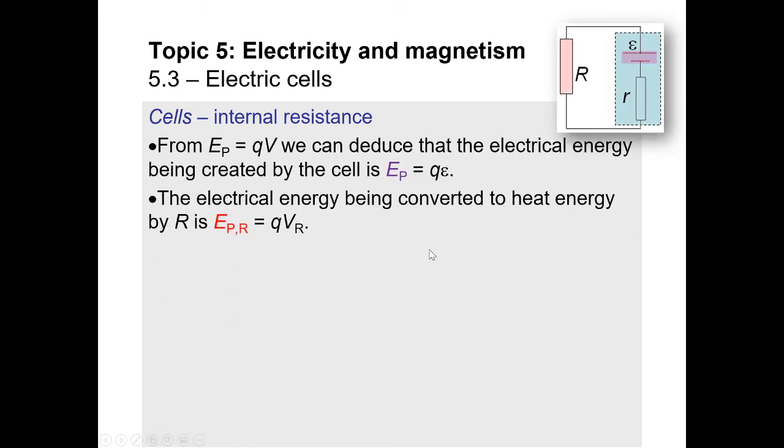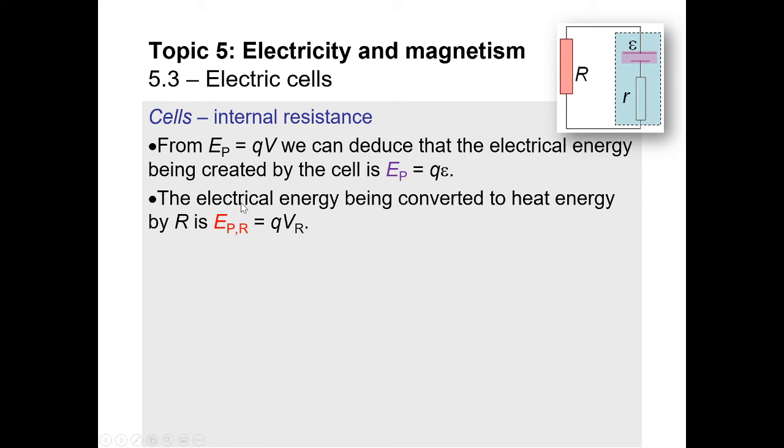Now this slide is looking at what we consider conservation of energy. Recall the expression for energy, potential energy, inside the cell. The electric potential energy is given by the product of charge and its voltage at that particular point. So if we're looking at the potential energy given by the actual cell, ignoring the internal resistance, E sub P is equal to Q times epsilon, because epsilon is the voltage at that point.